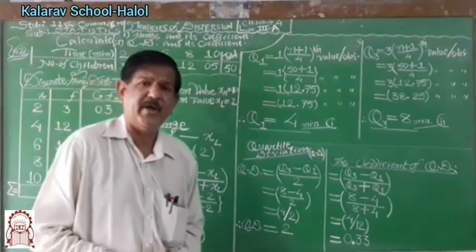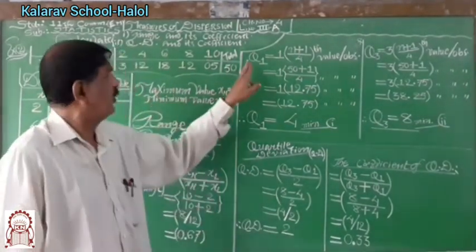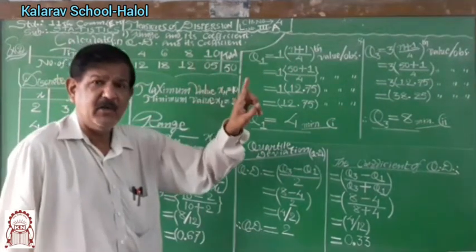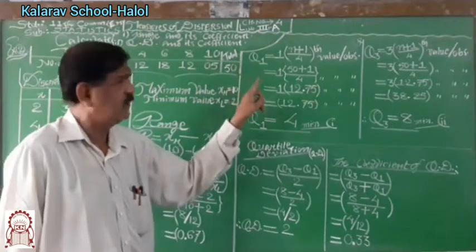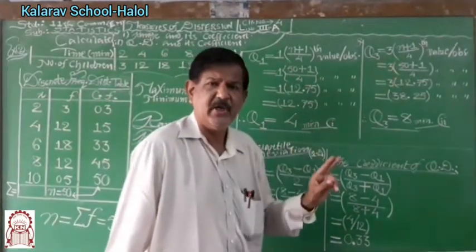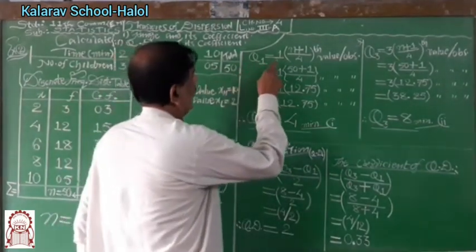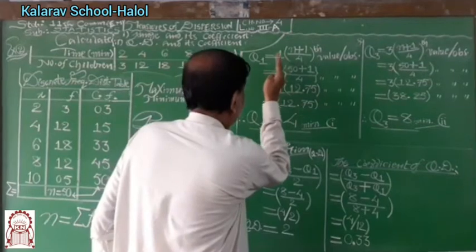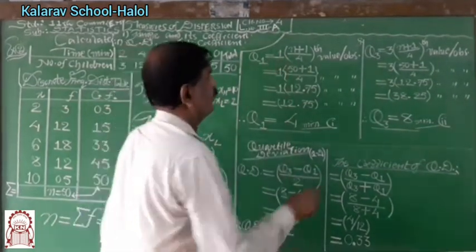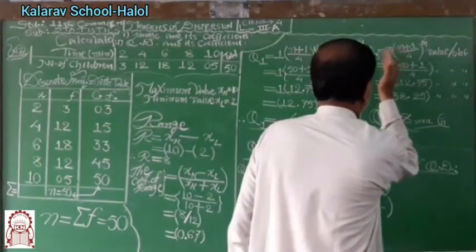As quartiles divide an array distribution into 4 equal parts, there is always 4 in the denominator while calculating quartiles. If we want to calculate Q1, then outside the bracket there is 1. And if you want to compute Q3, then outside the bracket there is 3.